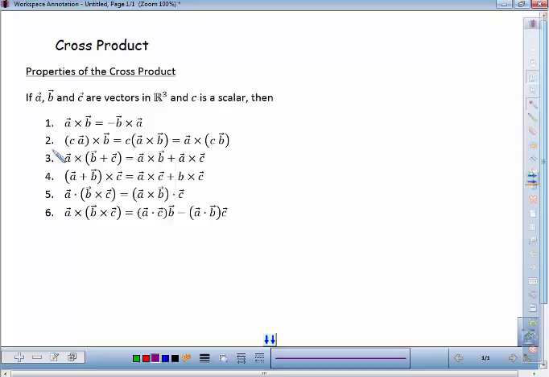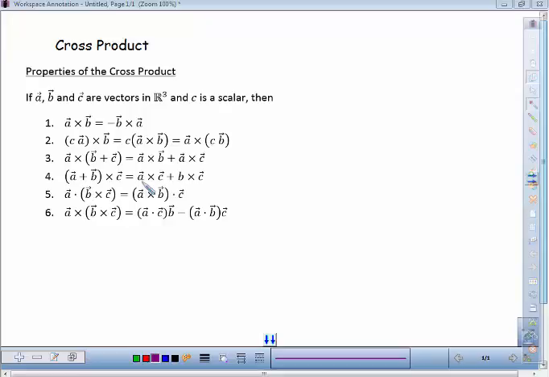The distribution works kind of the same way it did for the dot product, except since the order does matter, there is a difference whether you cross a single vector with a sum or the sum cross with a single vector. And so that's why there's two different distributions here.